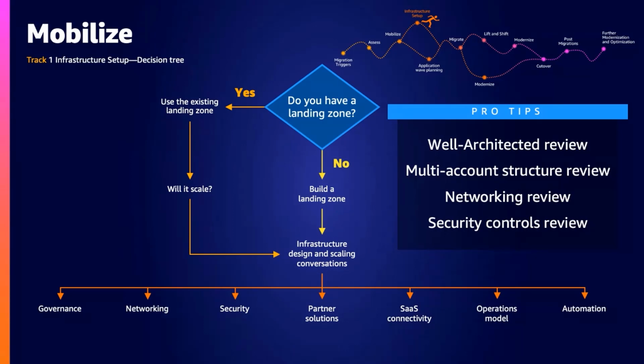Additionally, conducting a multi-account structure review is also important, where you're planning out AWS accounts with connectivity and isolation between them, which is very important. Since this is a platform for all future workloads as well, it is important to take time and get this right as much as possible.